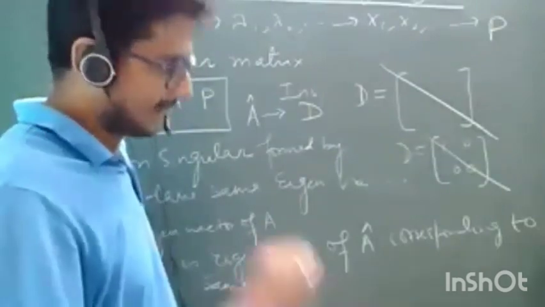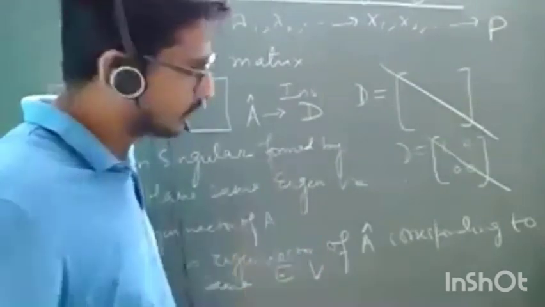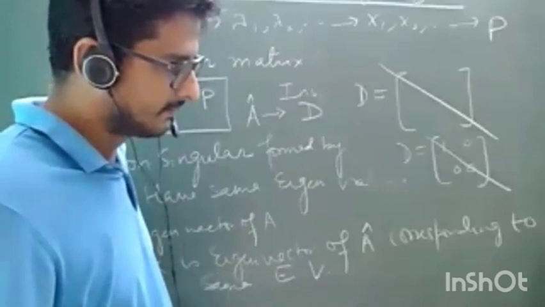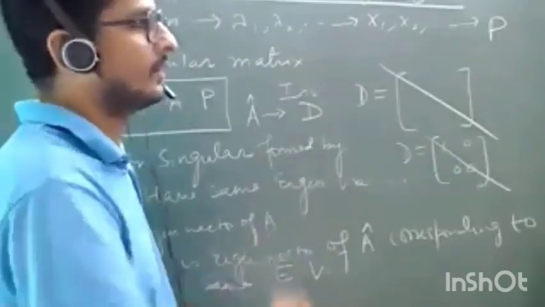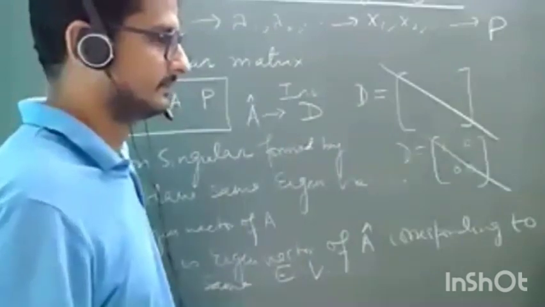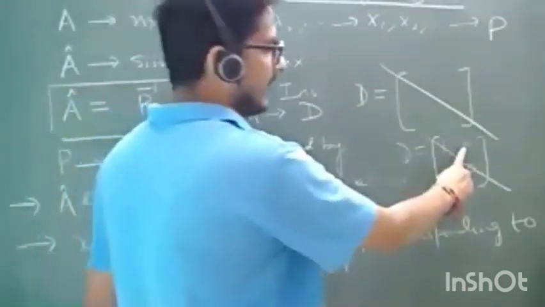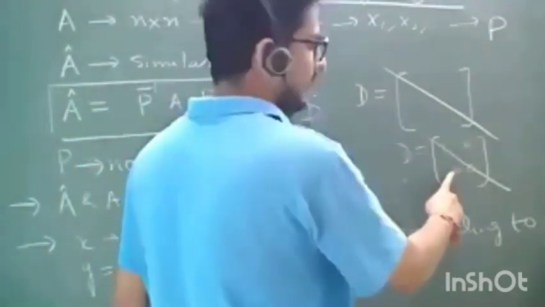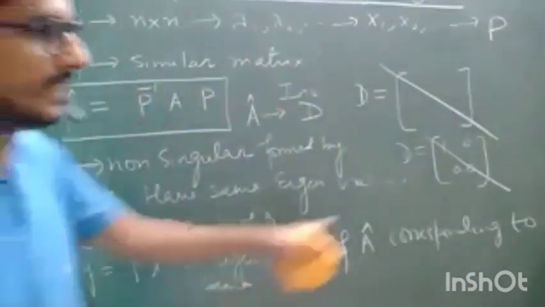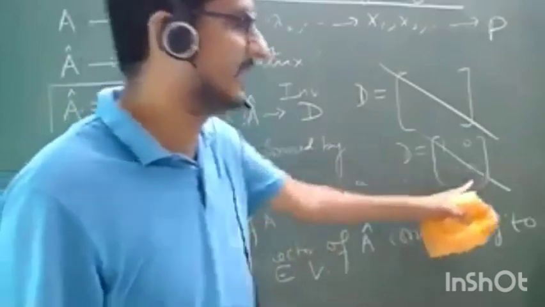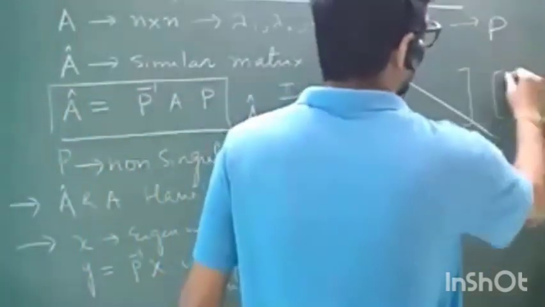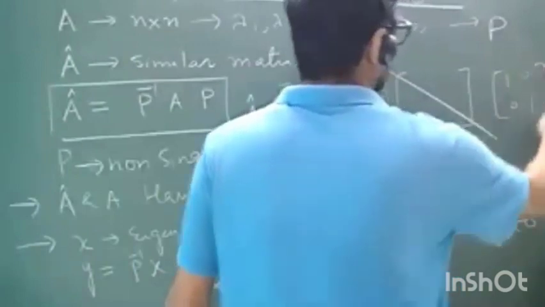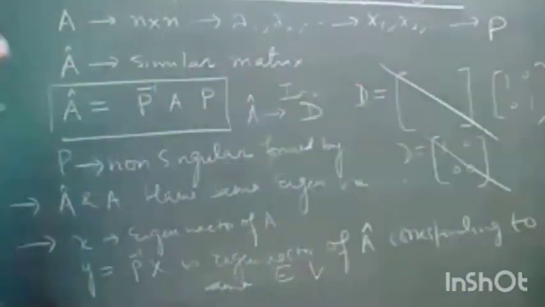But did I say that zero cannot be on the diagonal? No. I said that if any term is non-zero, that has to lie on the principal diagonal. Here we cannot have a non-zero term. That's why I gave that exceptional example in which one term was 0. Otherwise, I could have written it as 1 1 0 0. This is also a diagonal matrix.